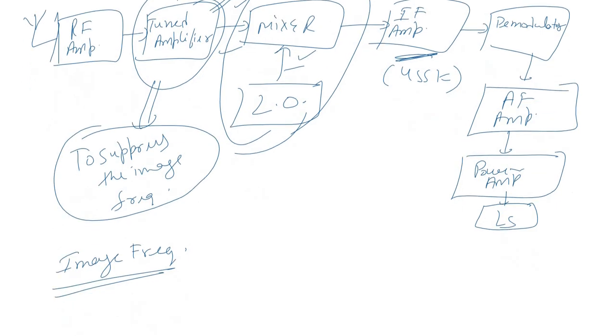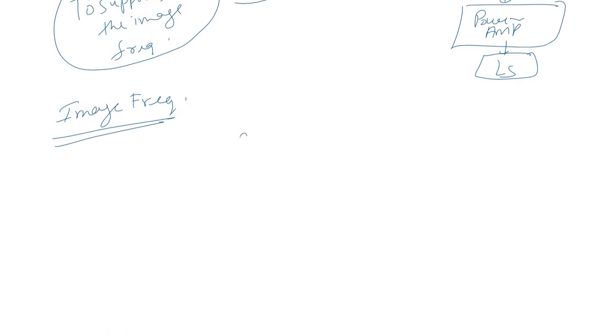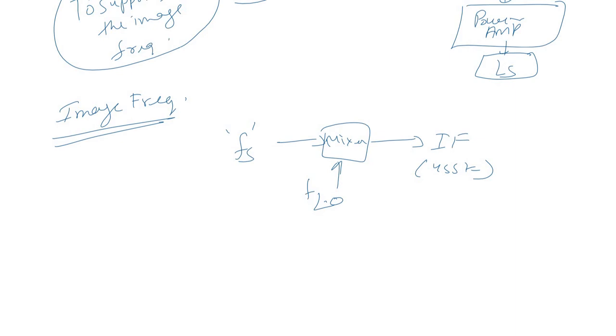See, the concept is irrespective of the input signal frequency. Let's say Fs is the input signal frequency. What the mixer does is it down converts it into the intermediate frequency, that is 455 kilohertz, by multiplying it with the local oscillator frequency FLO, right?